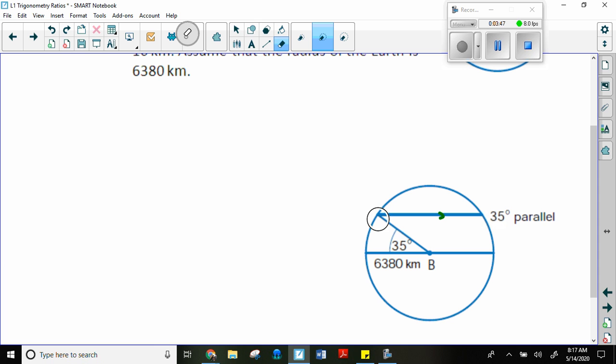So we are going to use the Z pattern, and we're going to recognize that this angle right here is also 35 degrees. Now, if I do my previous plan to create a right angle triangle, but I go this way, now I have a SOHCAHTOA triangle because I know that the radius, which is the same as the hypotenuse for this triangle we've created, is 6380.